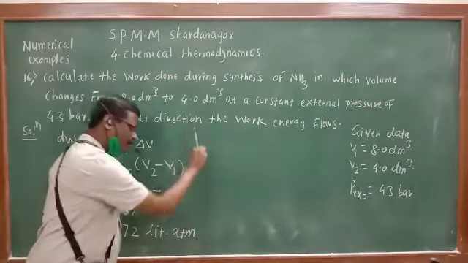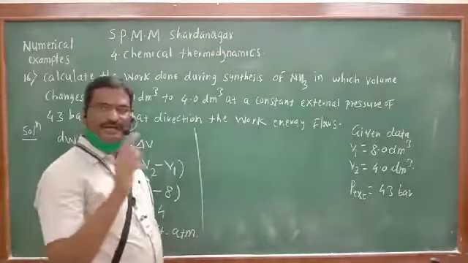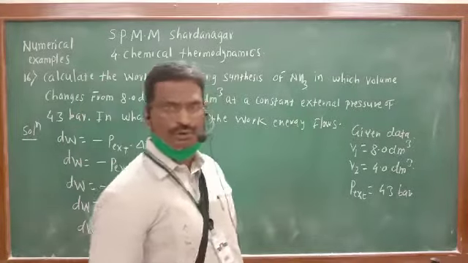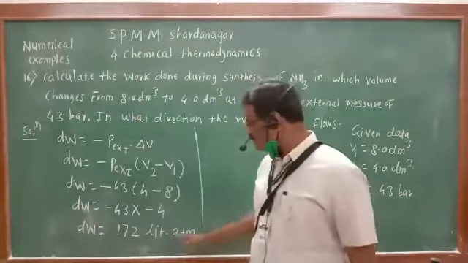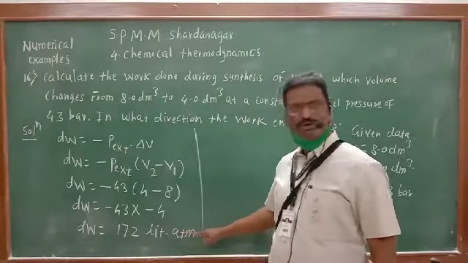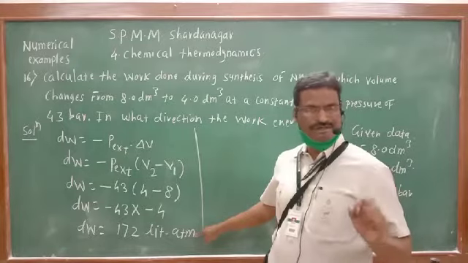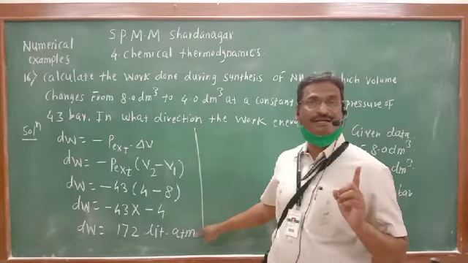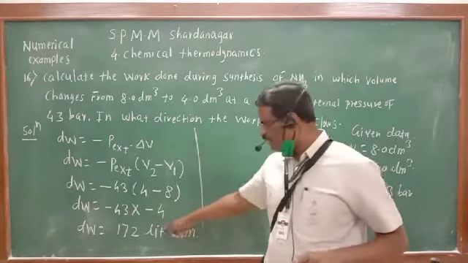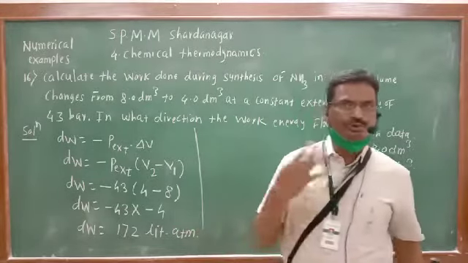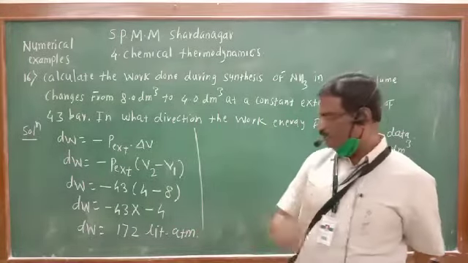But here the answer is given in kilojoule, therefore we must convert liter atmosphere into joules and then kilojoule, because in your book they have given the answer in kilojoule. So convert liter atmosphere to joule and then to kilojoule.